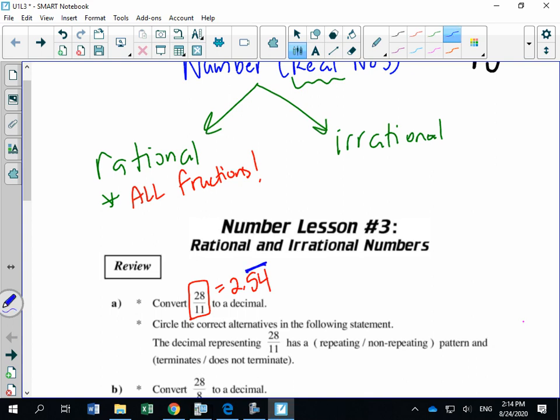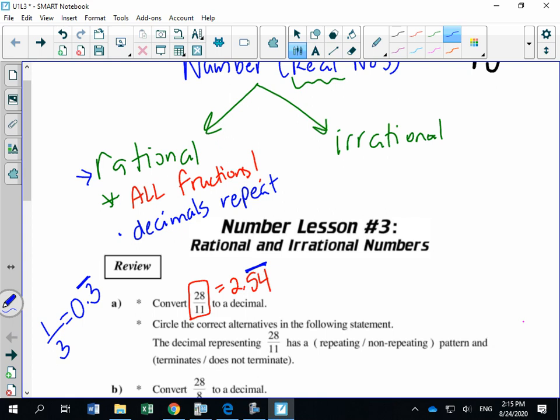Rational numbers, their decimals could repeat. For example, 1/3. If I gave you this number, you would say to me, it's a fraction, Mrs. King, therefore it has to be rational, and you'd be right. If you type this on your calculator, you're going to get 0.3 repeating. That is a rational number.